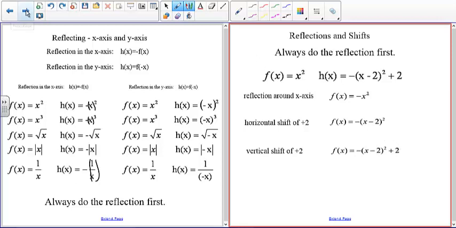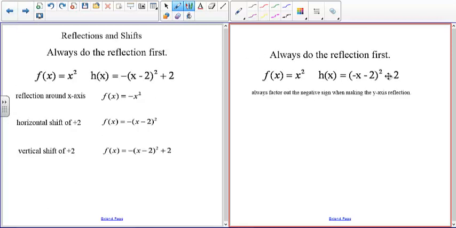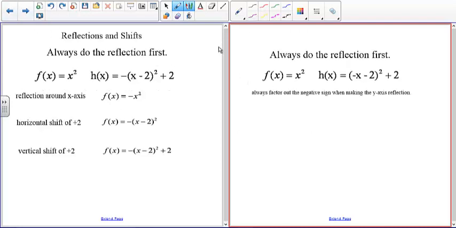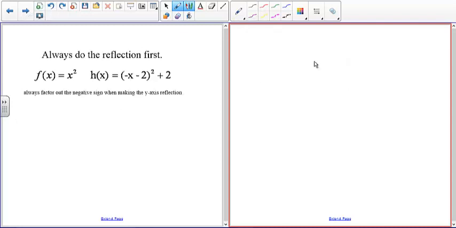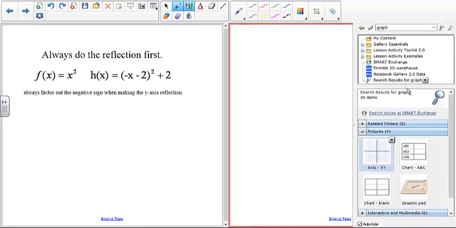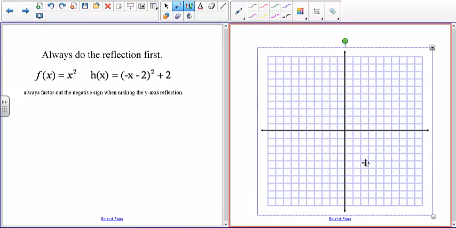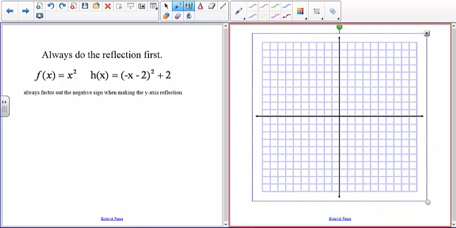So let's see if I have a graph here. Okay, so this is the same thing. Let's show how this works. So we're going to put a piece of graph paper up. I'm going to do the parent function in black.